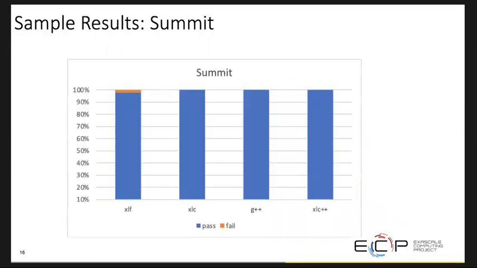Now, these are sample results taken a couple of months ago. For Summit, if we want to just have a view of how the compilers are doing in terms of OpenMP support, we run the VNV and we can see these statistics about how good the compiler is in supporting or giving correct results for the implementation.